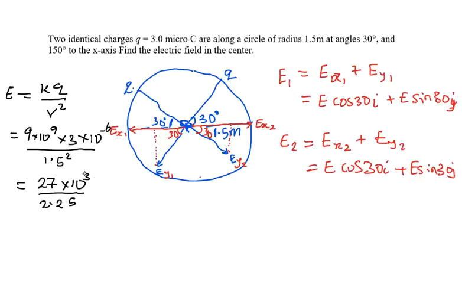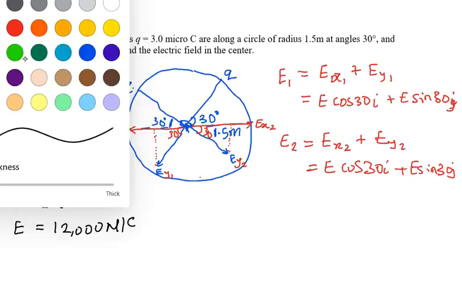So when you divide this using your calculator, you have that the electric field E is 12,000 newton per coulomb. Okay, now since we've determined what E is, it's left for us to substitute it in this bracket.